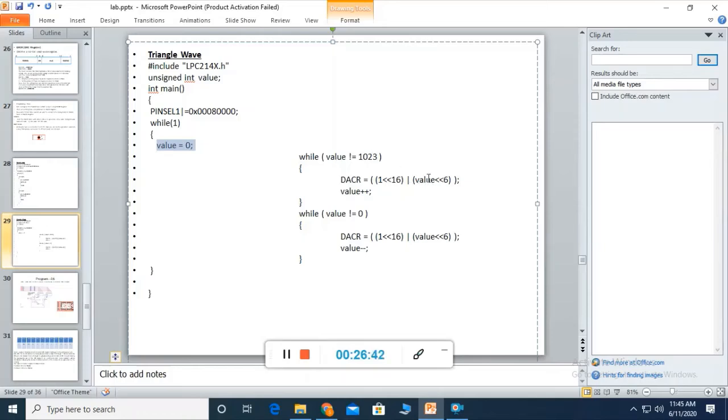You start with an initial value 0, increment it by 6 so that it reaches 1023. The falling slope of your triangular wave is obtained by starting with the maximum value and going on decrementing it by 6 till it reaches 0.